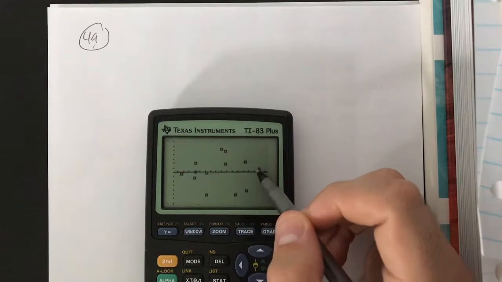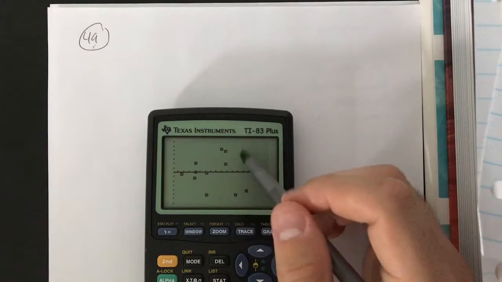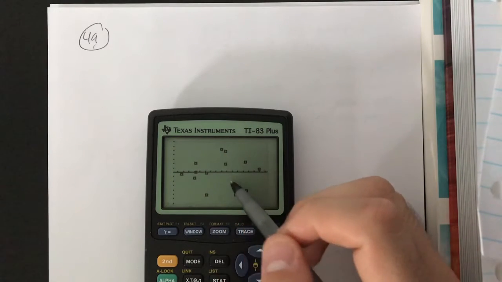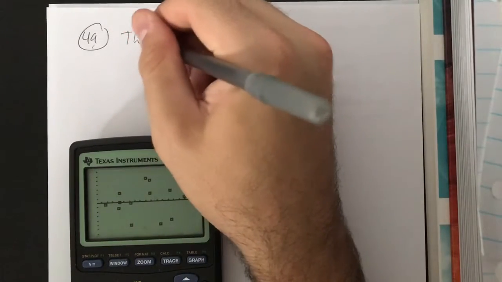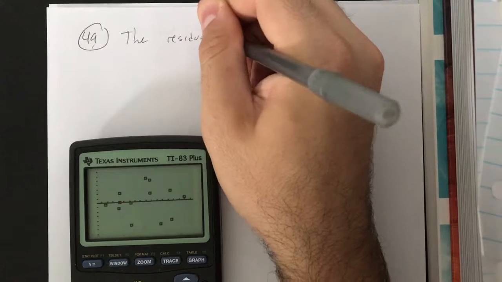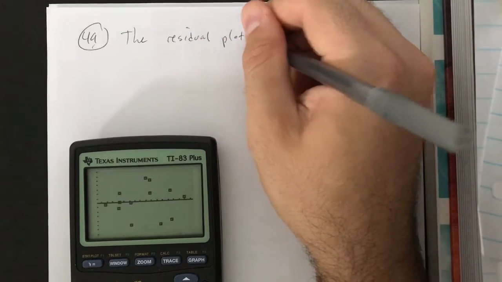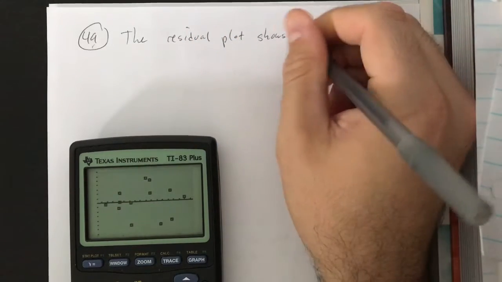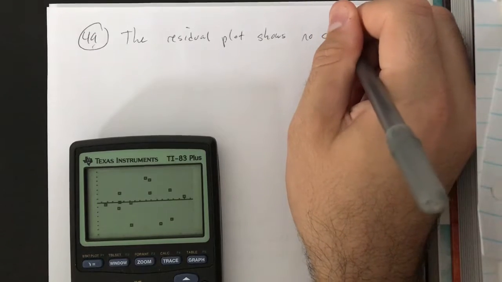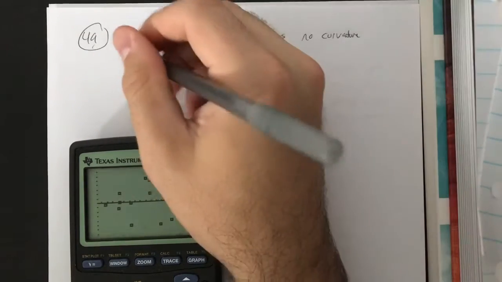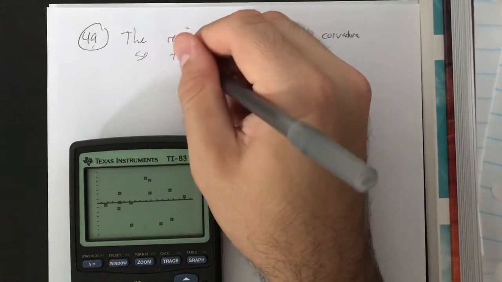I don't see any curvature whatsoever. There's a big scatter here. There's no overall curvature pattern going on. So you could say the residual plot shows no curvature, so the linear model is appropriate.